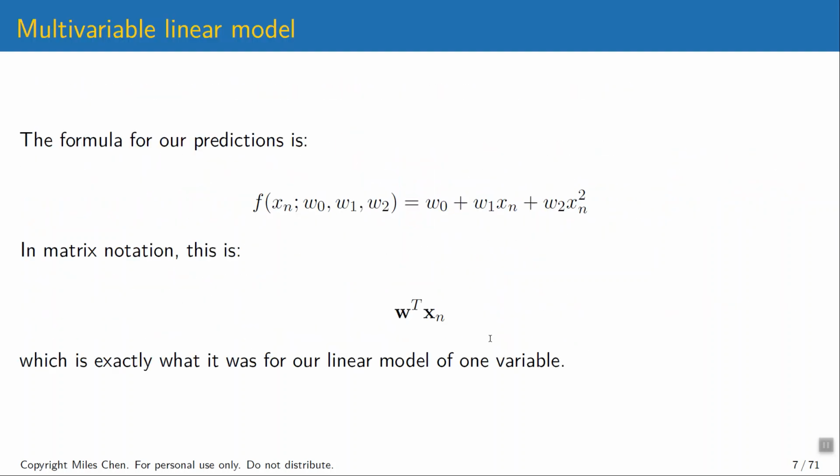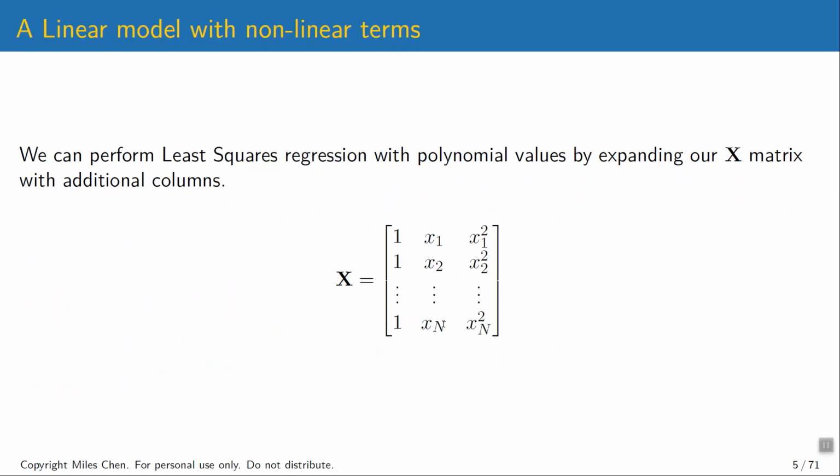Yes. It should be. So W by itself is 3 by 1, so the transpose is going to be 1 by 3. And if we take xn all by itself, xn is 3 by 1. Remember, the matrix X is each xn transpose.